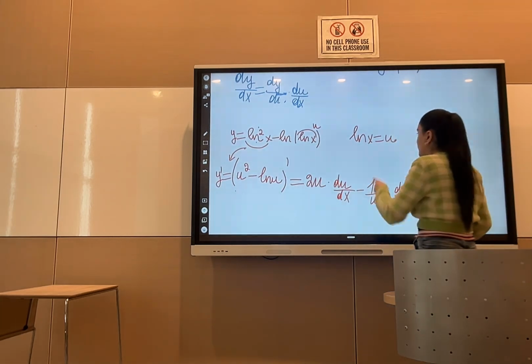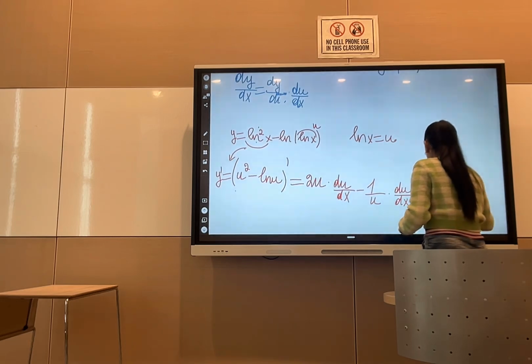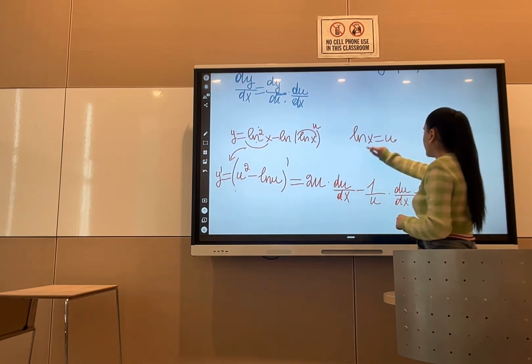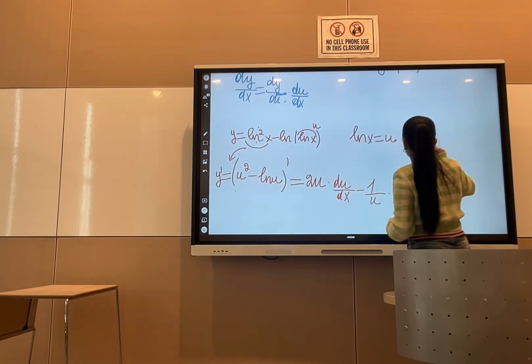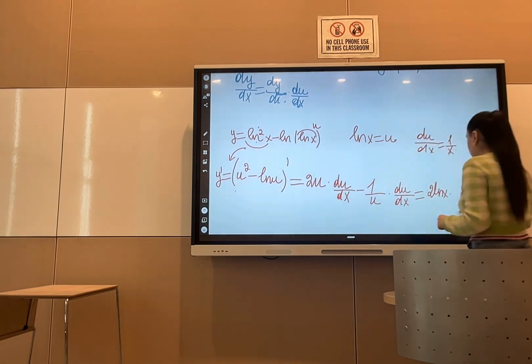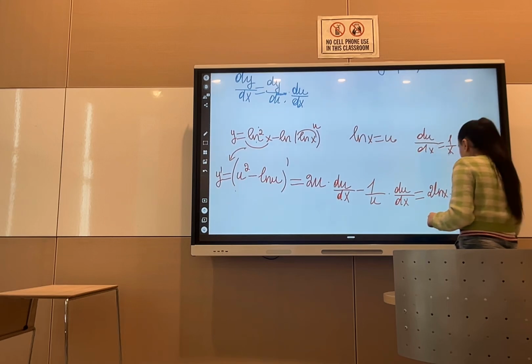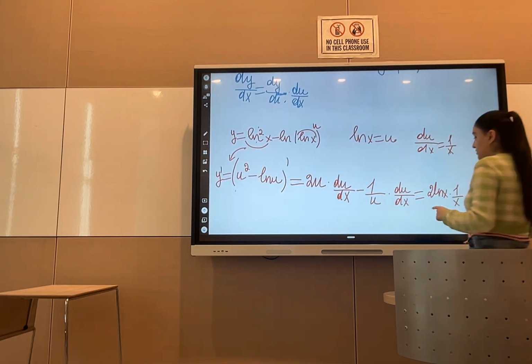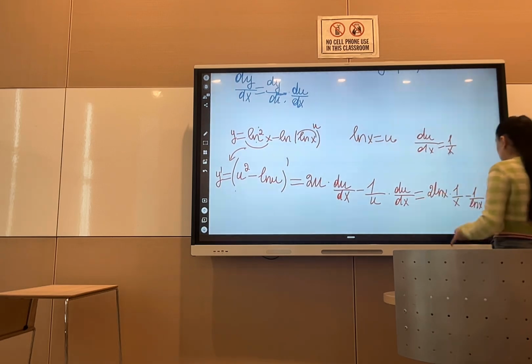So u is ln x: 2 ln x multiplied by the derivative of u, du over dx, which is 1 over x, minus 1 over u, which is ln x, multiplied by, again, du over dx, 1 over x.